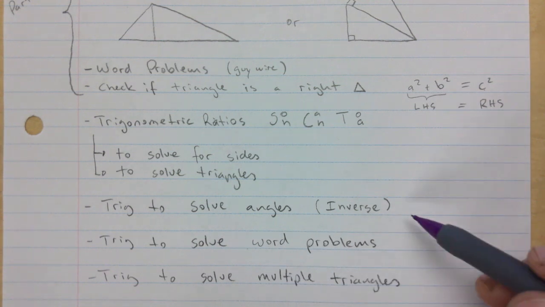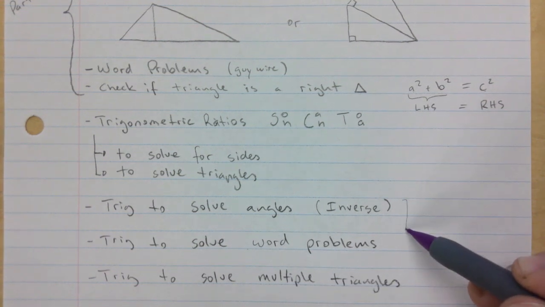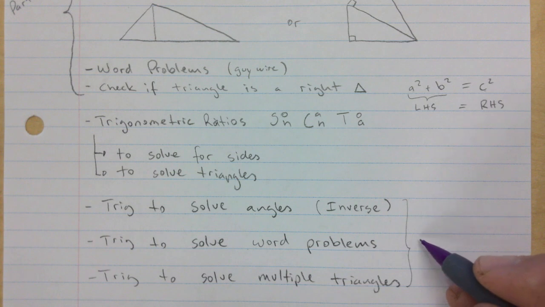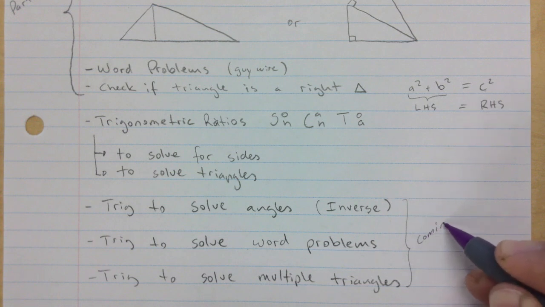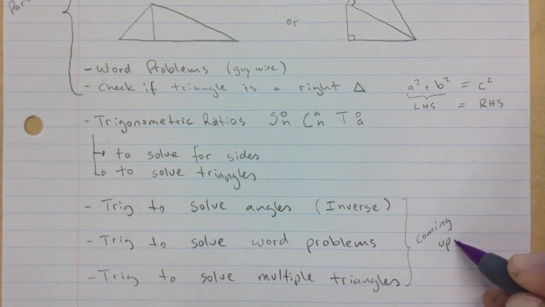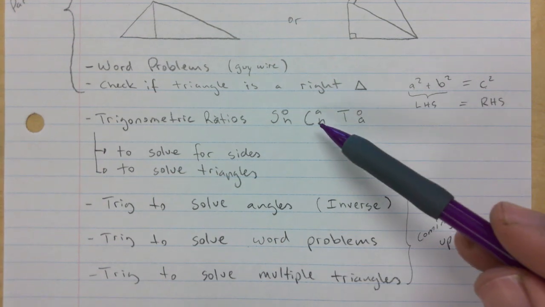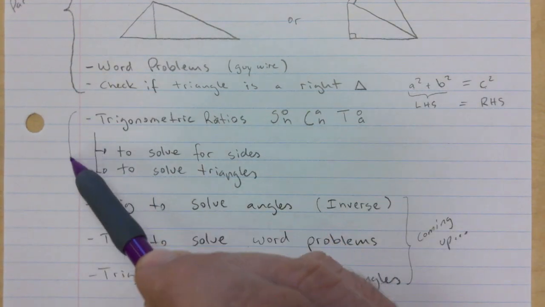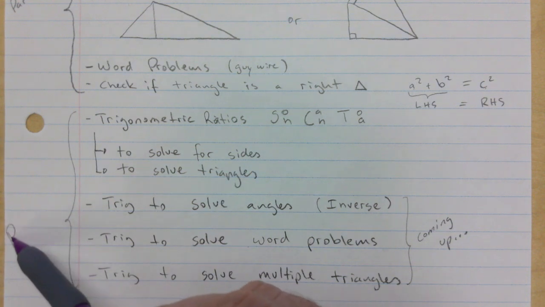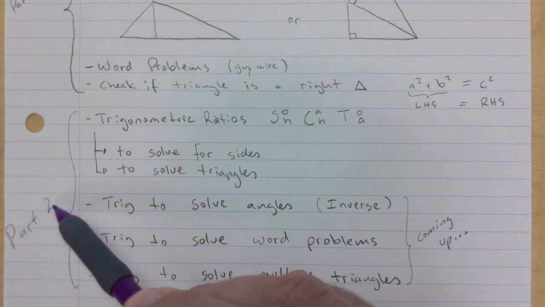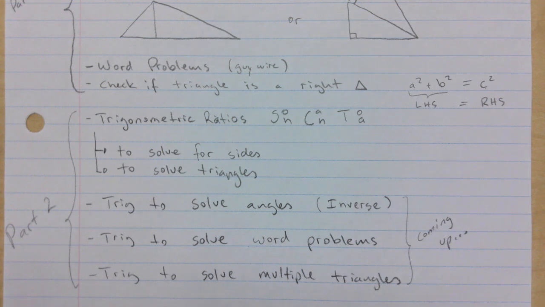Okay, so this one is coming up, right? This is coming up, and this we've solved already. So, but this whole thing here is part 2. Okay, so part 1 is Pythagorean Theorem, and part 2 is Sohcahtoa.